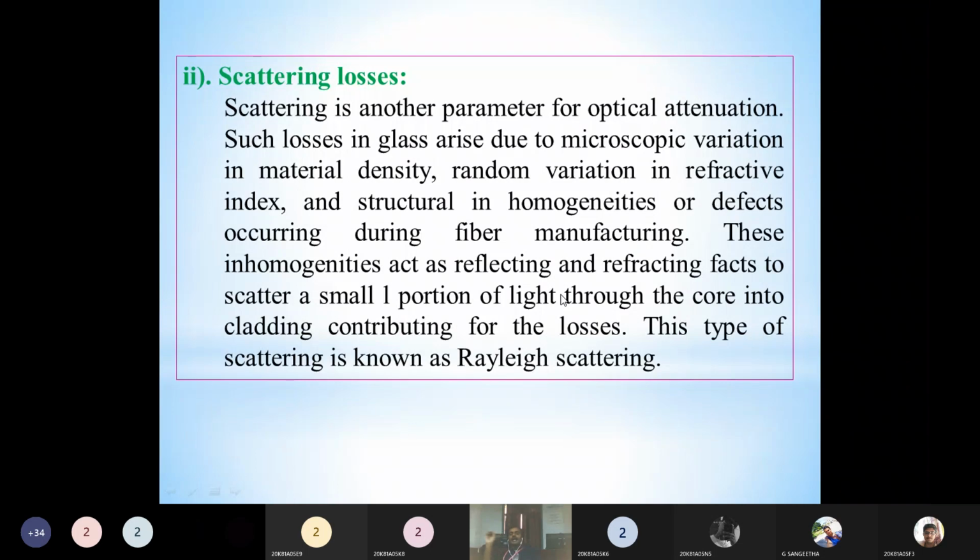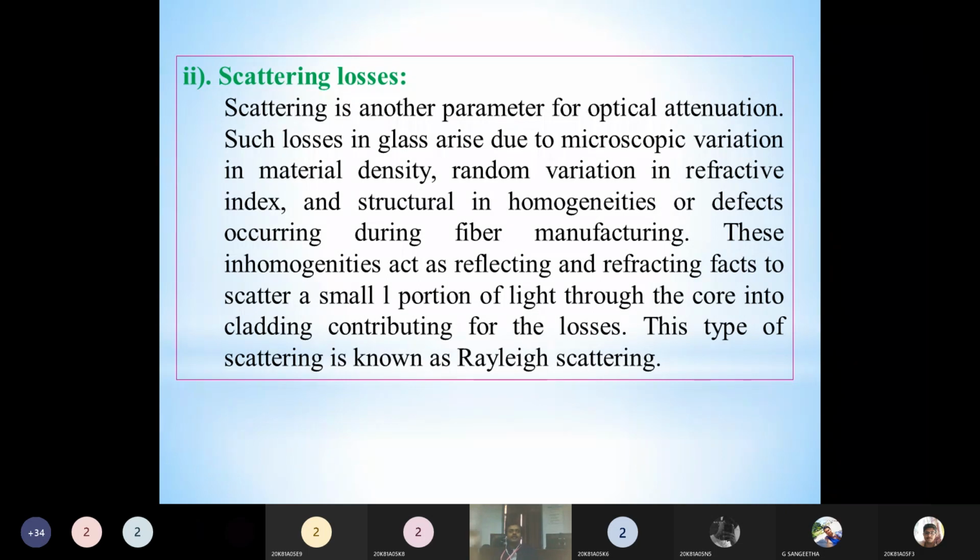We already know the scattering process: for sunlight, if any dust particles are in the direction of the sun rays, the light is scattered by those dust particles.